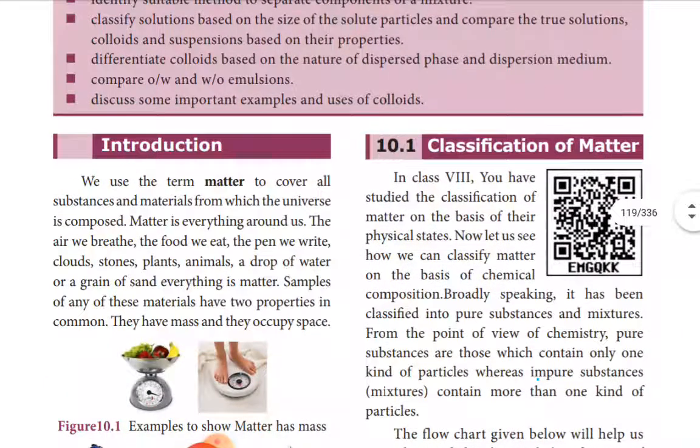Then the classification of matter with regard to chemical composition we are discussing now. Based on physical properties, we already discussed in the 8th standard. Now, classification of matter on the basis of chemical composition.